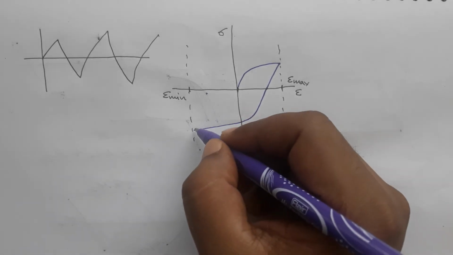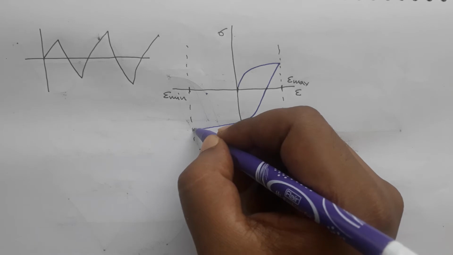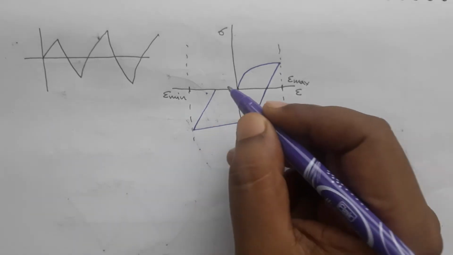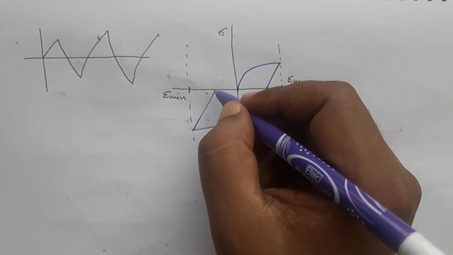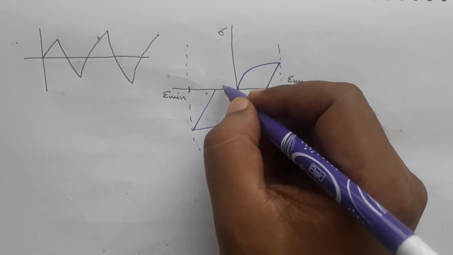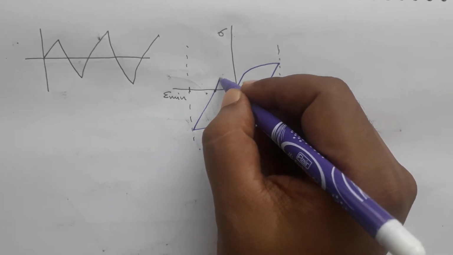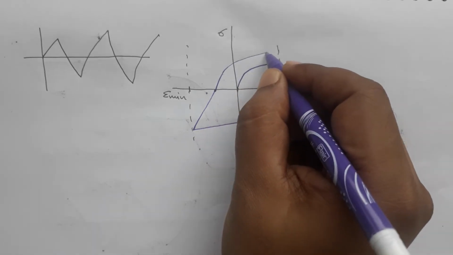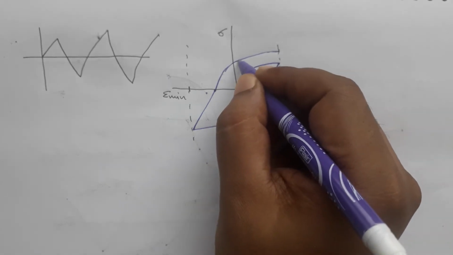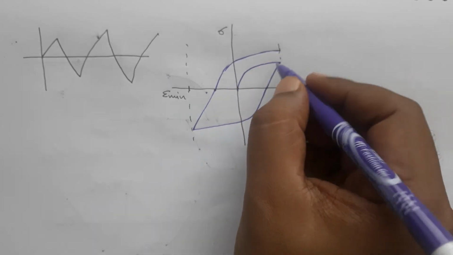In the next cycle again you are unloading, so it will follow the same slope, and then in the next cycle for the same amount of strain the material will deform to a different stress. Okay, so the yield strength is there, and then it goes to a different stress.